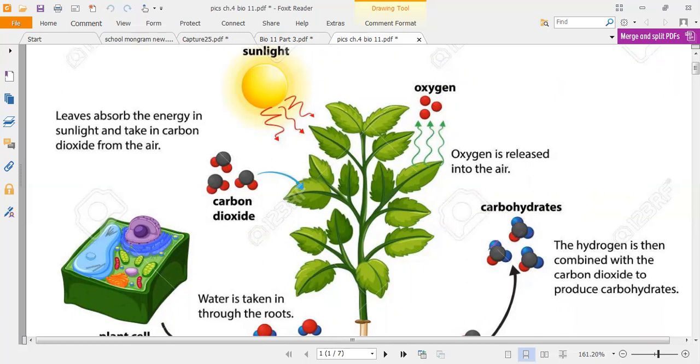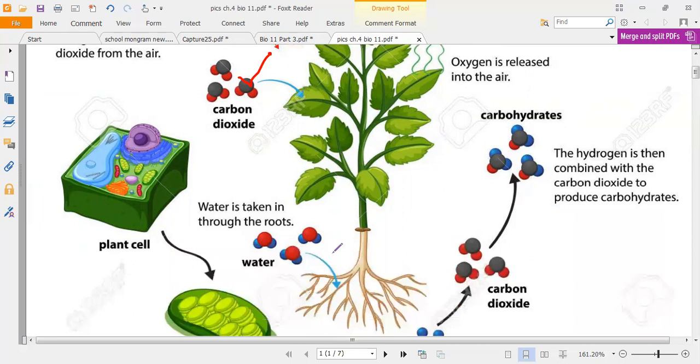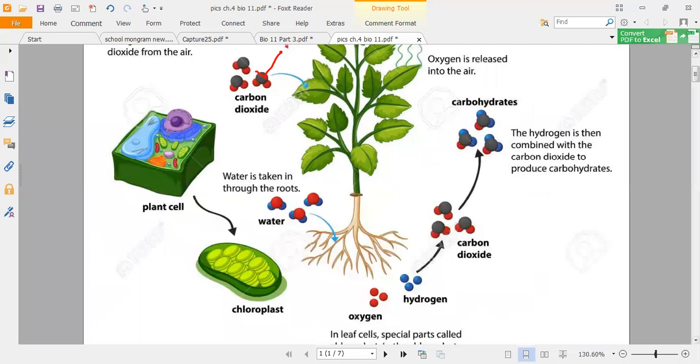Carbohydrate is the reduced form of carbon and oxygen is the oxidized form of water. So both reactions, oxidation and reduction, go on side by side. So we say that this process is a redox process.